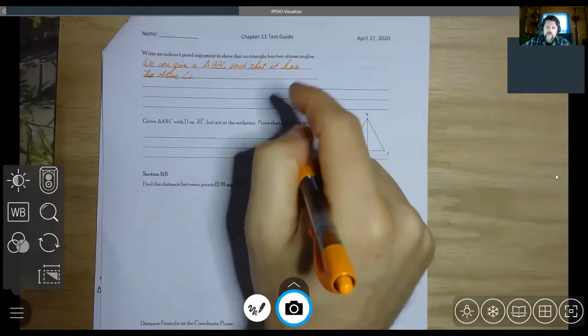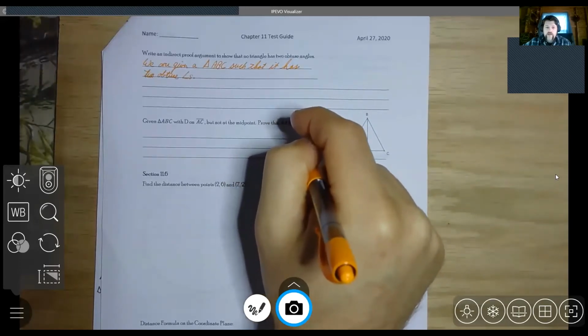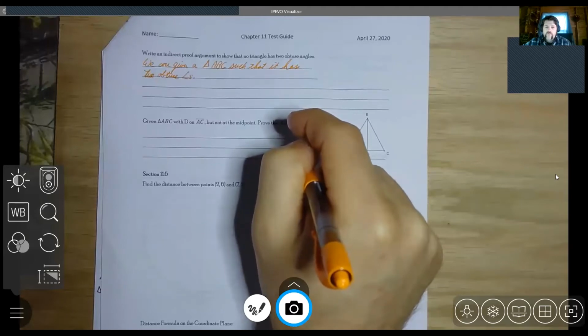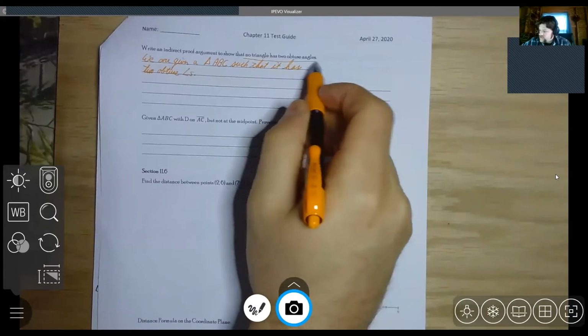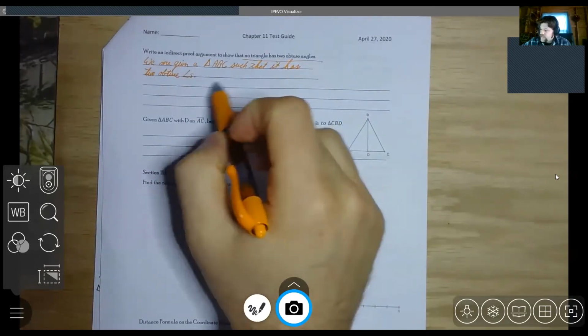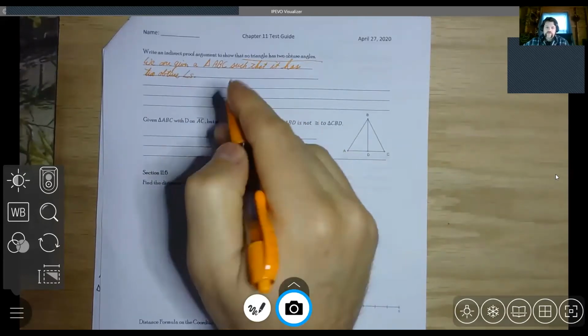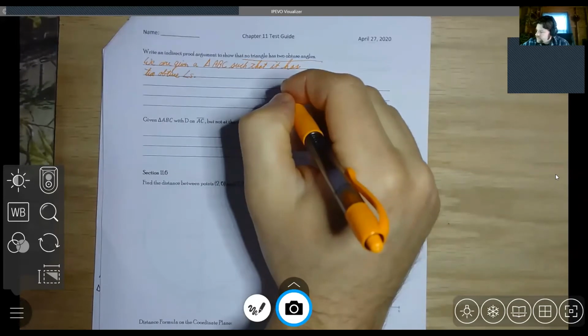What I'm doing here is, we want to prove that no triangle has two obtuse angles. So we're going to assume that it does, such that it has two obtuse angles.